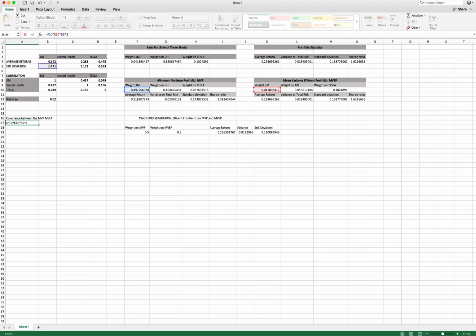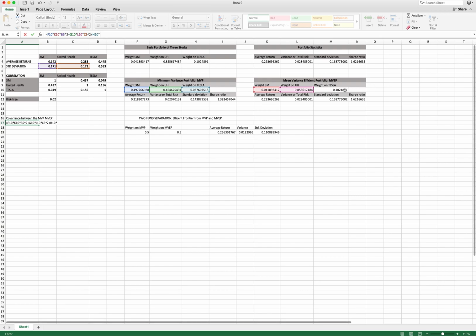Okay, so that's the individual term, plus the weight on United Health times the weight on United Health in the other one times the standard deviation of United Health squared, plus, and the same thing for Tesla, the weight on Tesla in the MVP times the weight on Tesla in the MVEP times the standard deviation of Tesla squared.